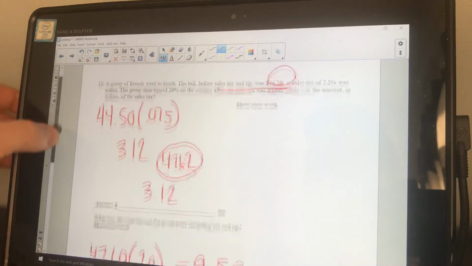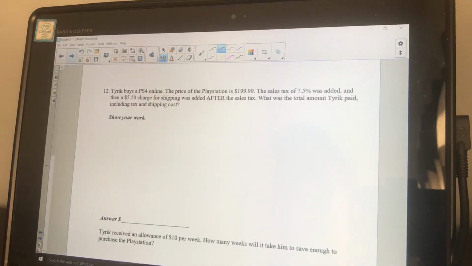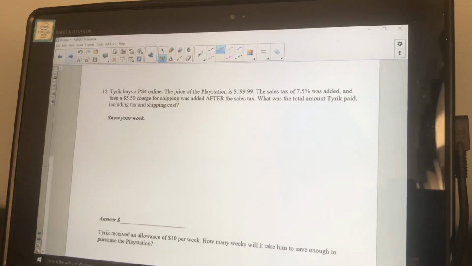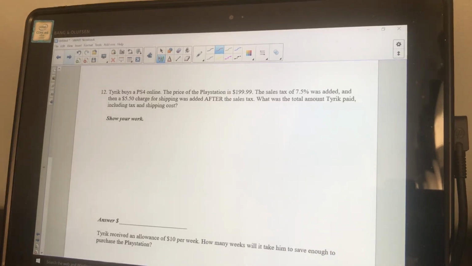Okay, think we got one more. I could be wrong. Number 12. Tyreek is buying a PS4 online. The price of the PlayStation is $199.99. The sales tax of 7.5% was added, and then a $5.50 charge for shipping was added after the sales tax. What is the total amount that Tyreek paid, including tax and shipping cost?